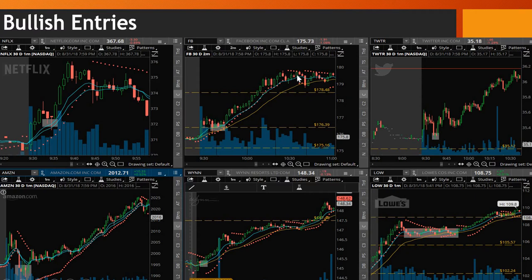On a bullish day, bullish days clearly means that the stock is going to go up, right? Where people are getting into their stock is at a support area.